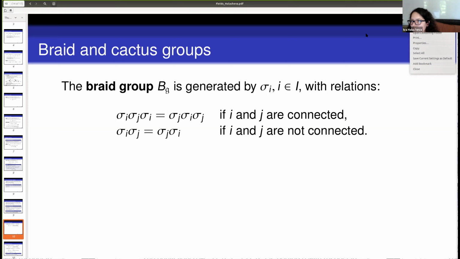So for our Kac-Moody algebra G, we can define the corresponding braid group, which is generated by elements indexed by I, where I here is the Dynkin diagram of G. And we have the following relations. So sigma_i sigma_j sigma_i = sigma_j sigma_i sigma_j if i and j are connected in the Dynkin diagram, and any two elements commute whenever i and j are not connected in the Dynkin diagram.